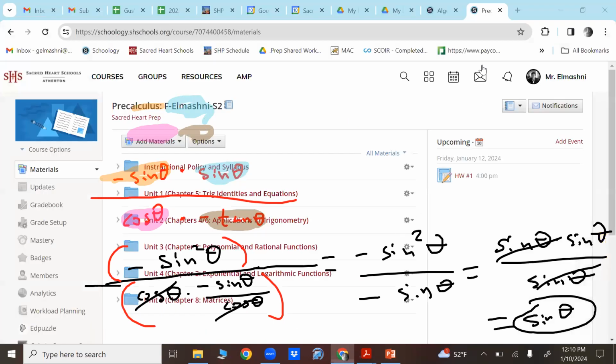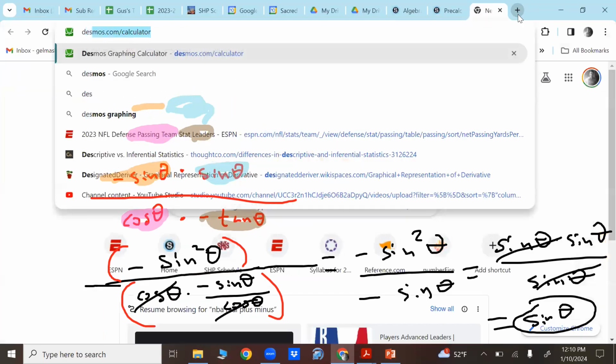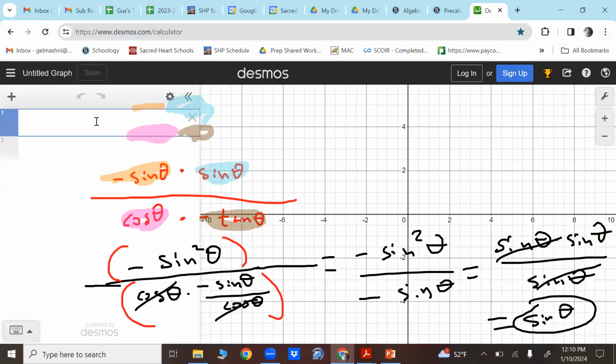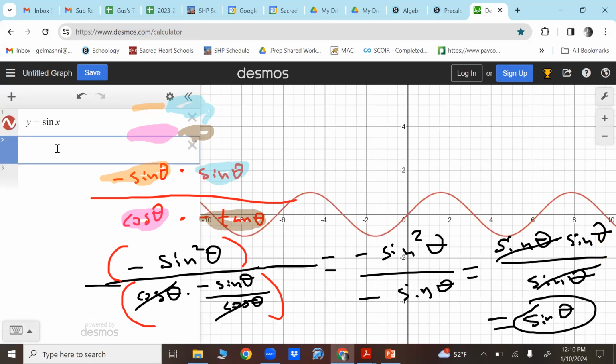So if I go to Desmos, I could type y equals sine x. There you go. There's a graph. You guys should know that.